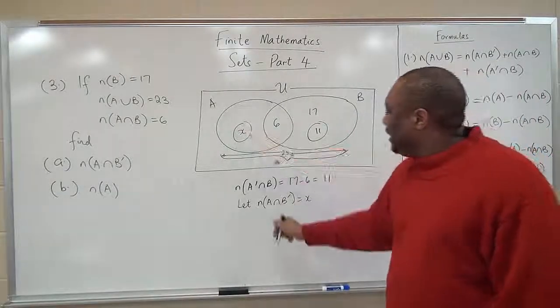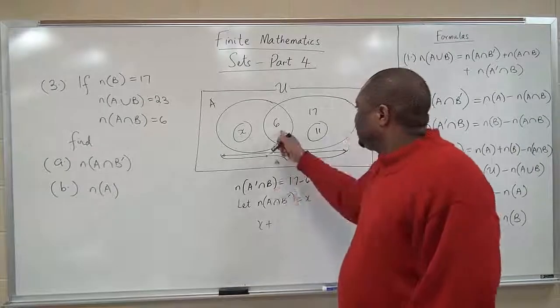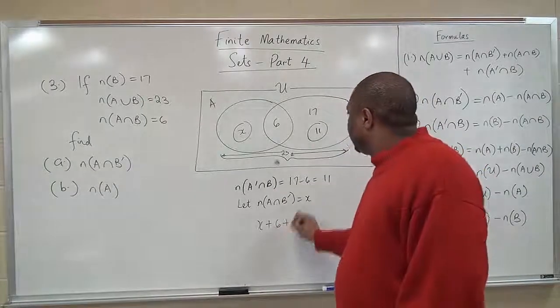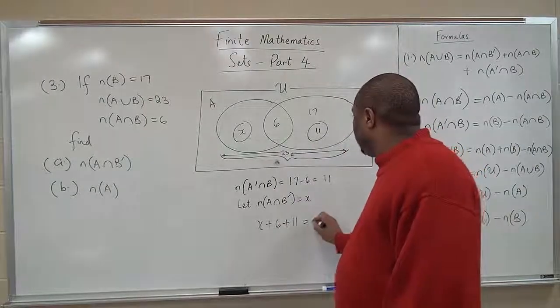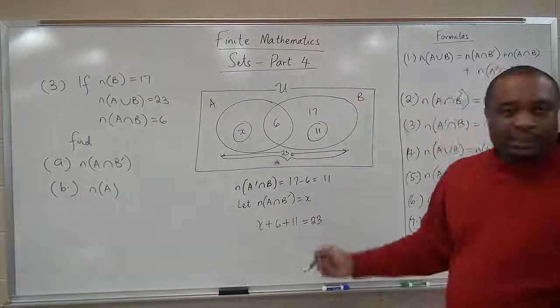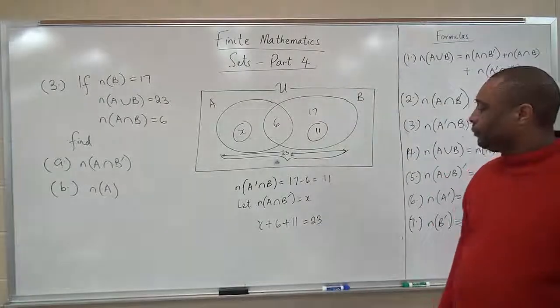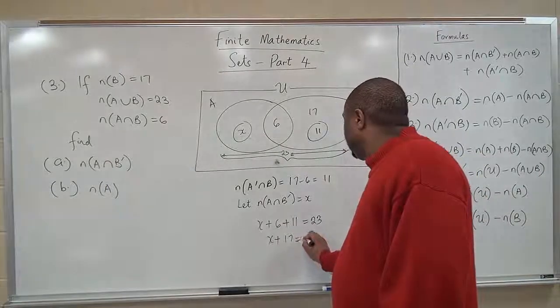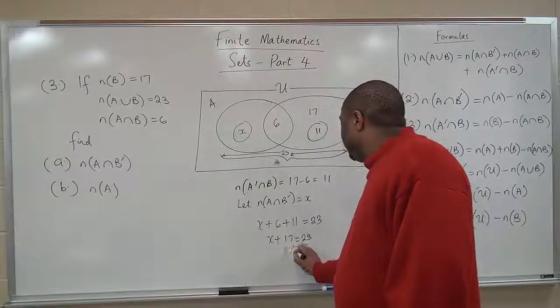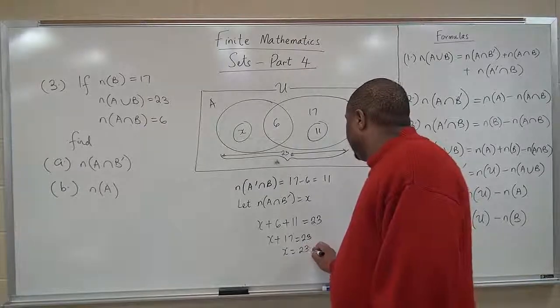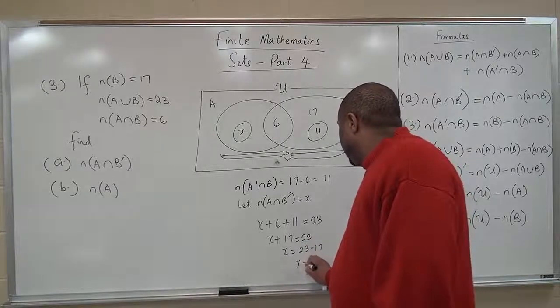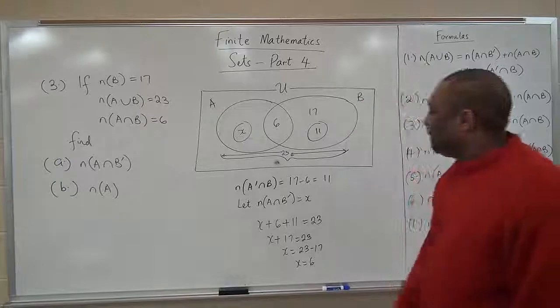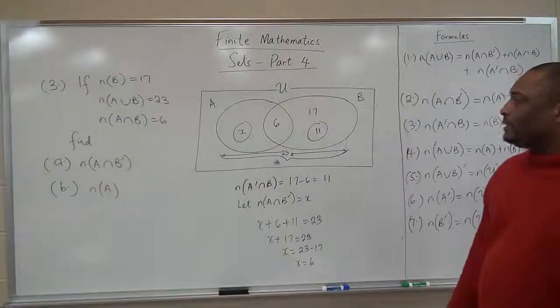So you will see that X plus 6, both of them, plus only B, 11, will give you 23. So X plus 17 is 23. So X will be 23 minus 17, and X is 6.